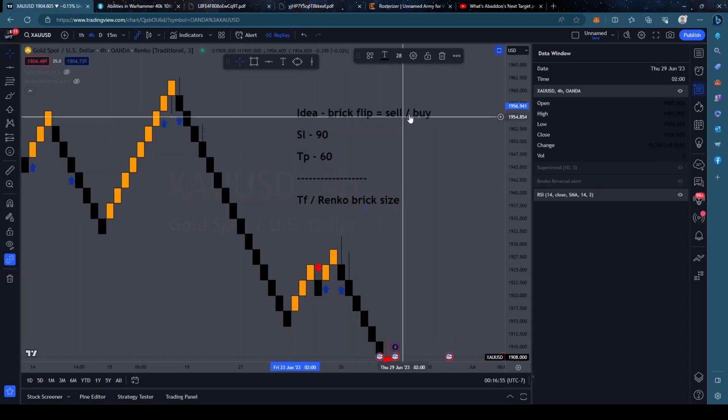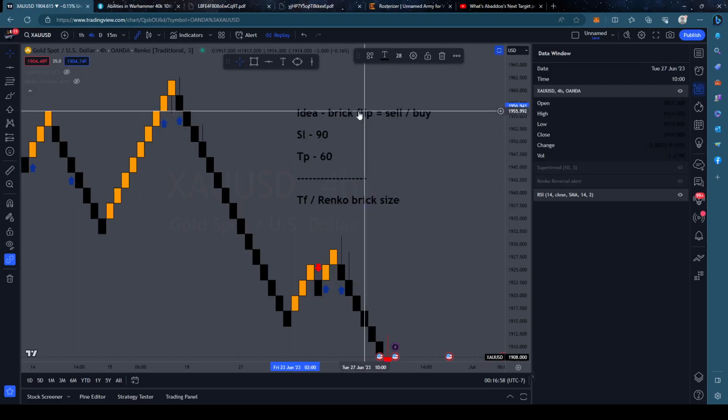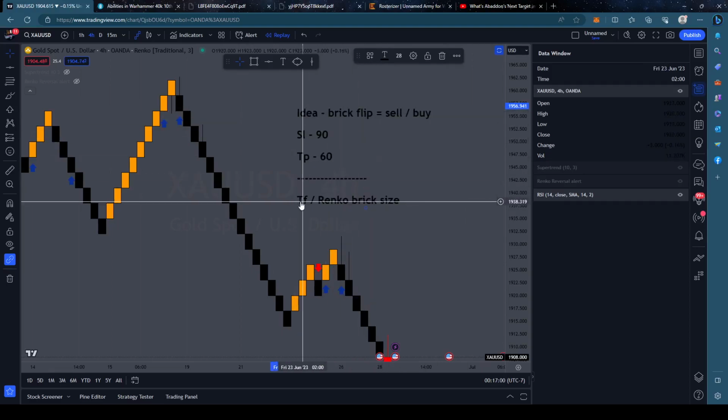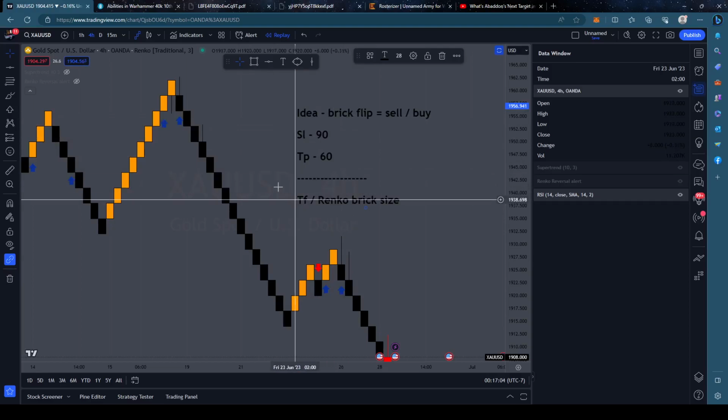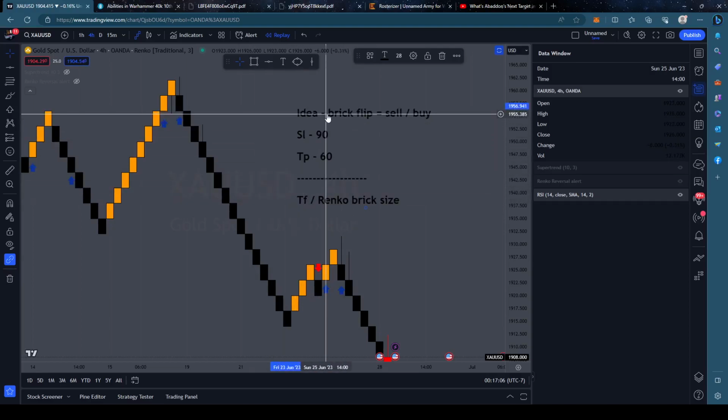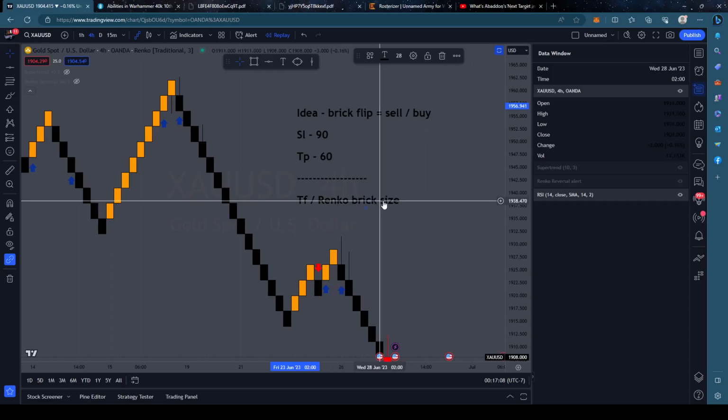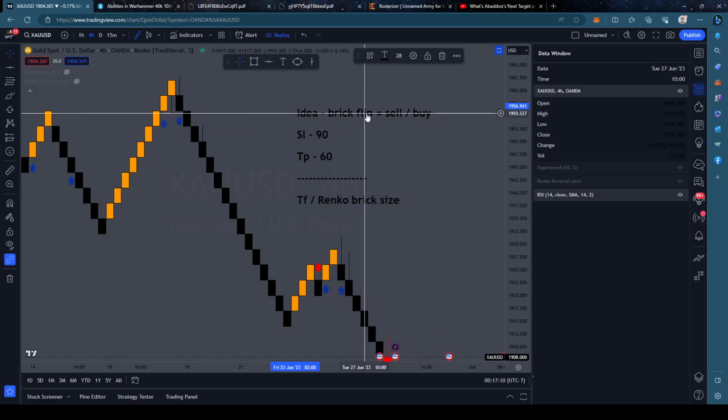This should be correlated with this. What I mean by that is you should have the correct time frame for why you're entering, and also the correct brick size for why you're entering.